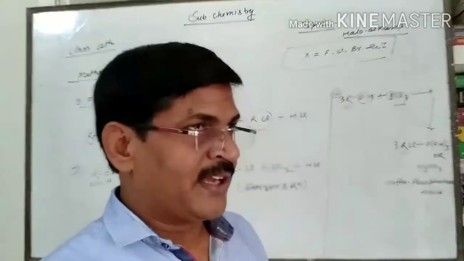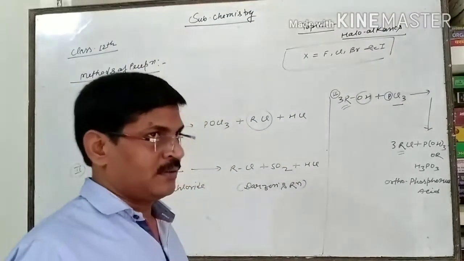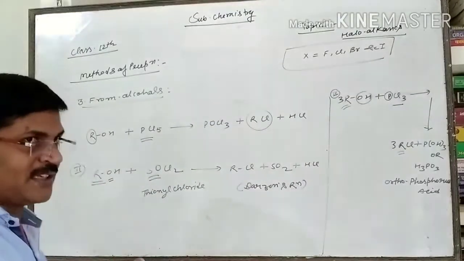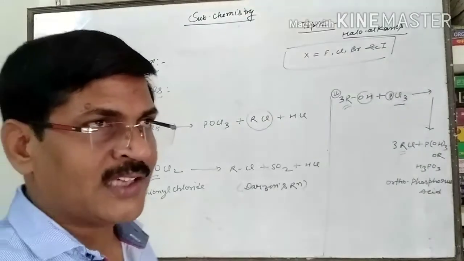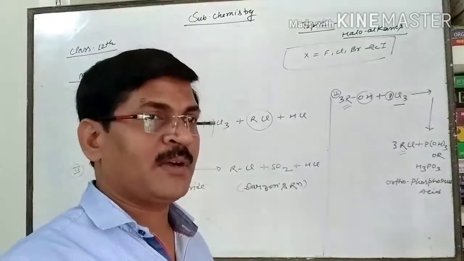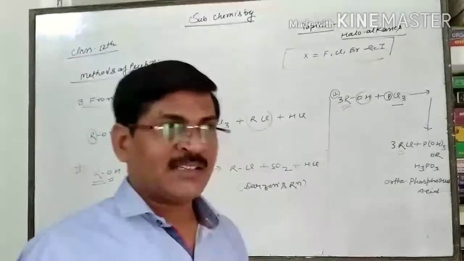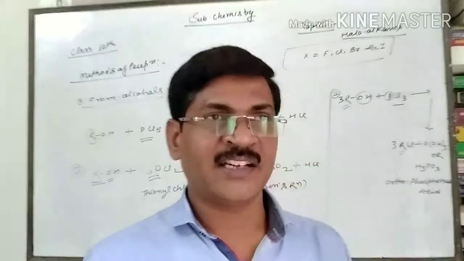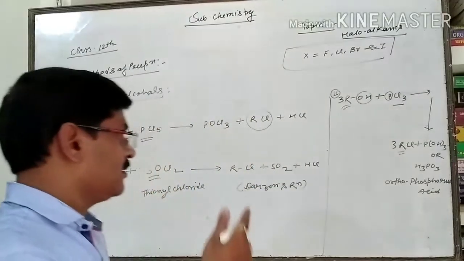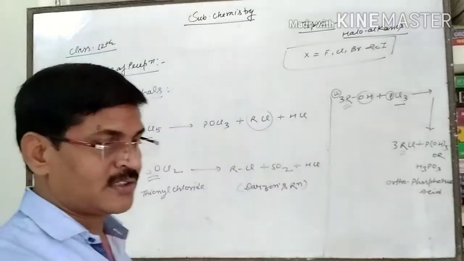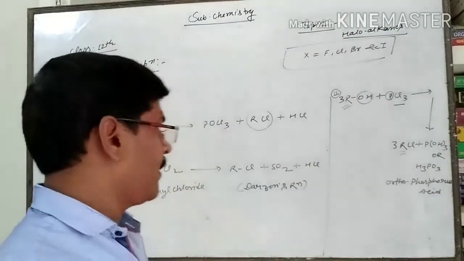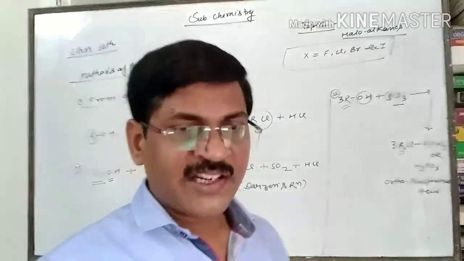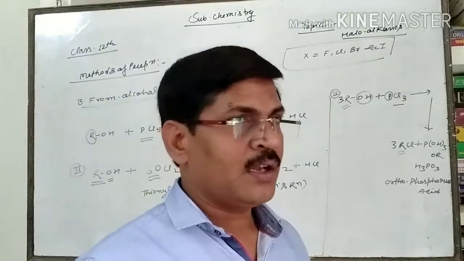After that, if you have taken alcohol, then you can prepare from three methods. First of all, by the reaction of Lucas reagent, and you also have to remember Lucas reagent because in some previous years objective questions also asked what is Lucas reagent. And then second, by the reaction of halides of phosphorus like PCl3 or PCl5, and third one by the Darzens reaction, it means by the reaction of thionyl chloride.